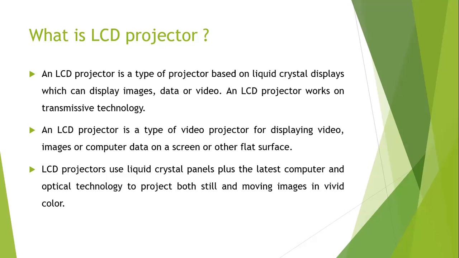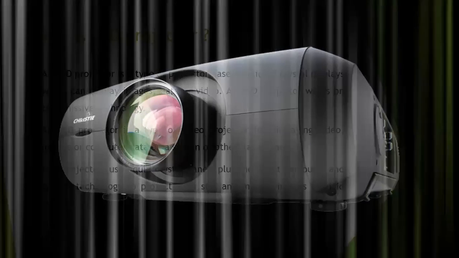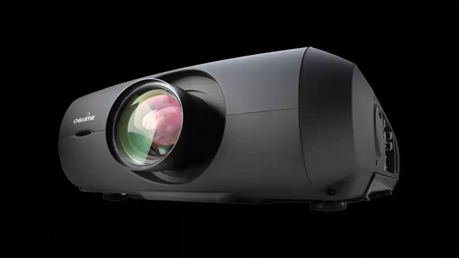An LCD projector uses liquid crystal panels plus the latest computer and optical technology to project both still and moving images in vivid color. This is an image of an LCD projector.